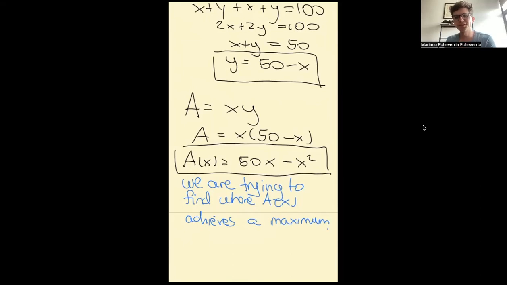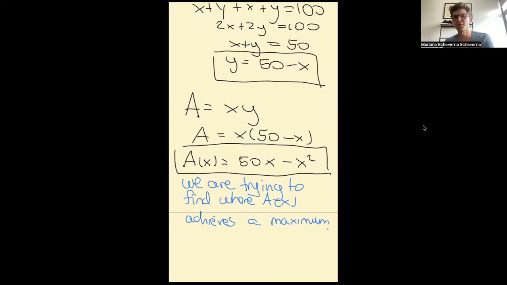So how do you find the max of a function? What do you have to do? Well, you need to find the critical points.